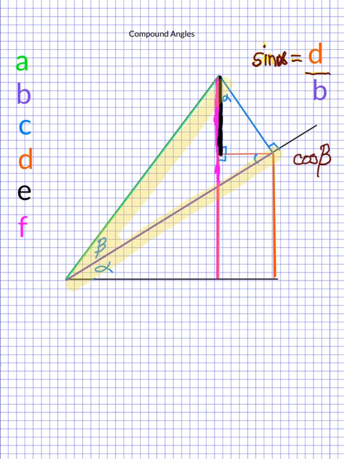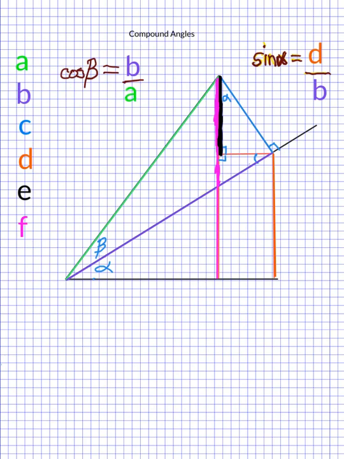All right, so the adjacent is this purple line, and the hypotenuse is the green line. So cos of beta equals adjacent, which is the purple line, B, over the green line, which is A.